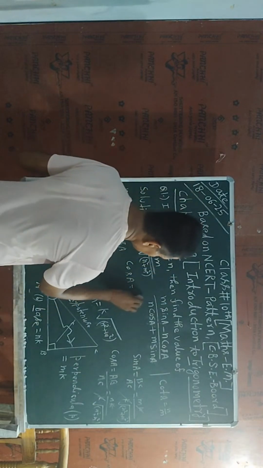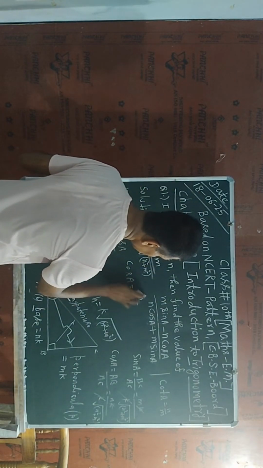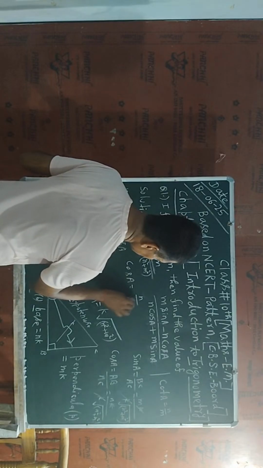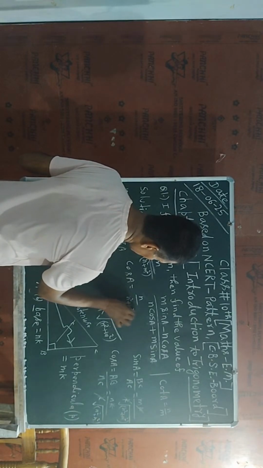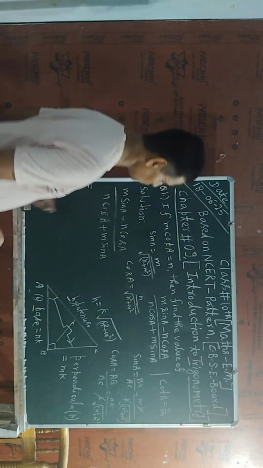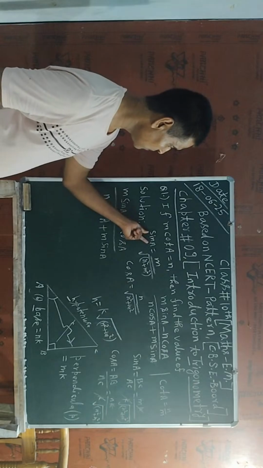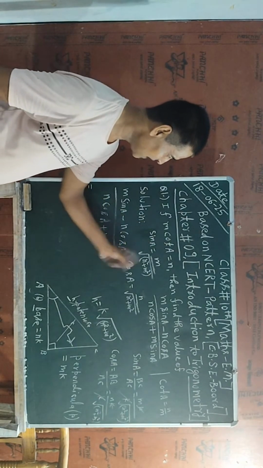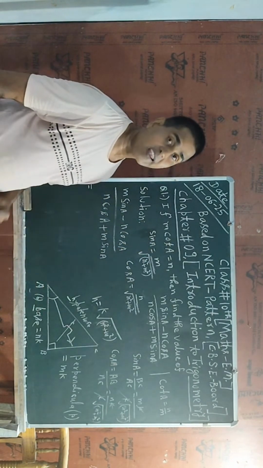So here I will write N divided by square root of N square plus M square. Now further I will substitute the value of sin A and also cos A, and this value I have got from the right angle triangle.